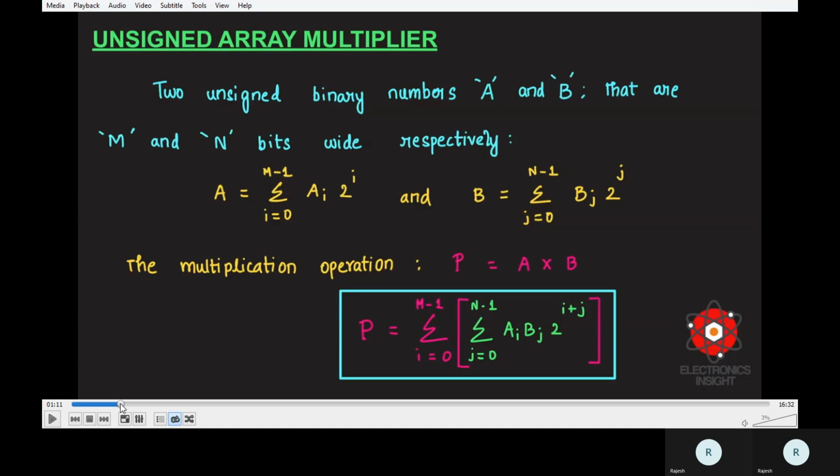Then you get a sum, and where you use full adders and half adders, such a design is called an array multiplier. We have an array multiplier for multiplying two unsigned numbers, and for signed numbers we have the Booth algorithm. So we will continue with our unsigned array multiplier.